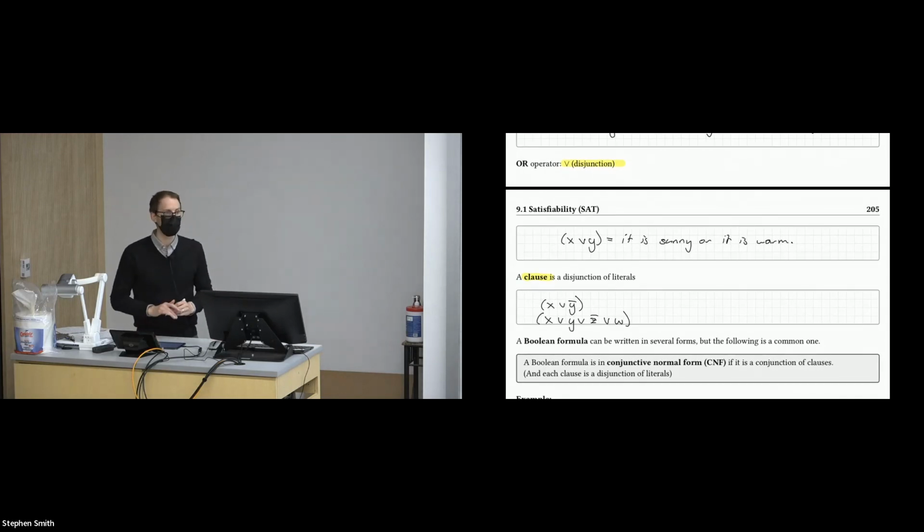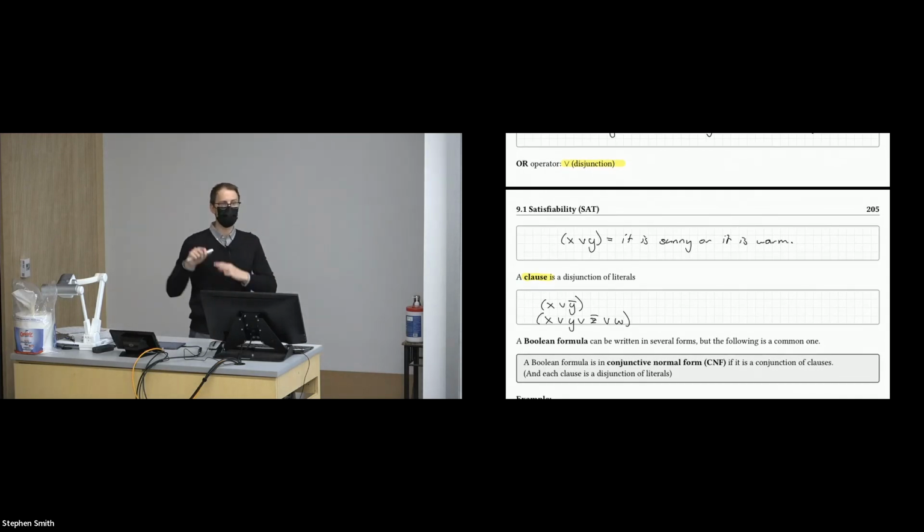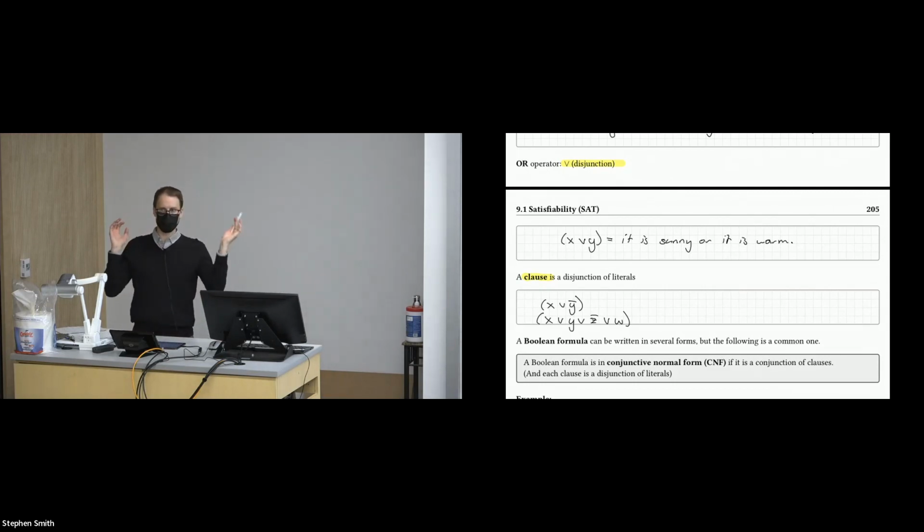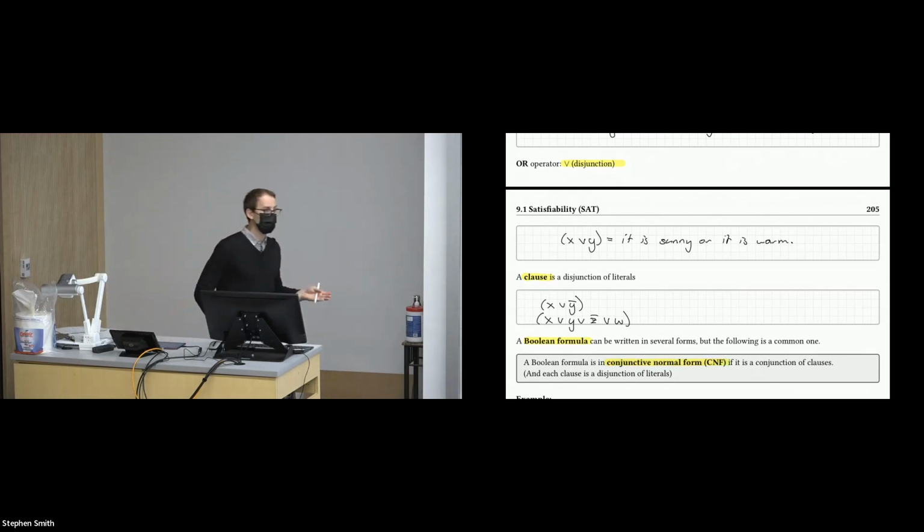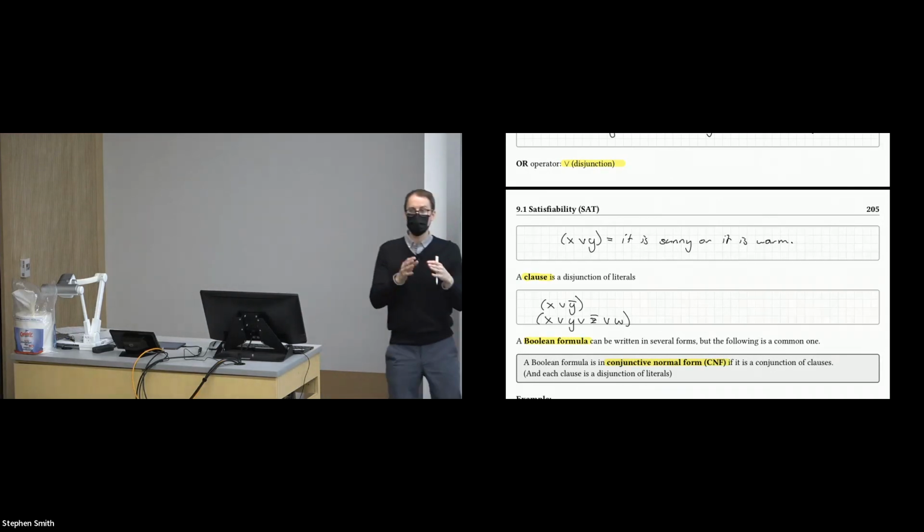And then a Boolean formula can be defined in different ways, but there's a standard form, like what we had with linear programs, for Boolean formulas as well. It's called conjunctive normal form. In conjunctive normal form, you have clauses, which have only ors in them, and you connect clauses together with ands.